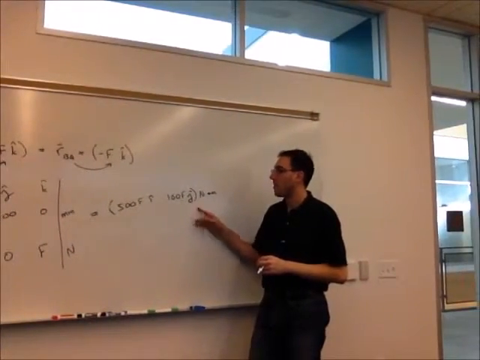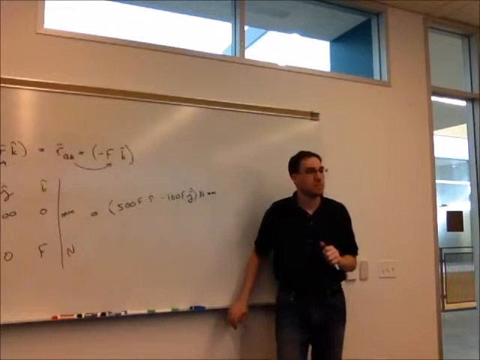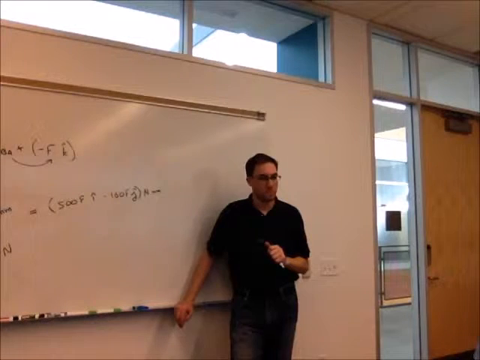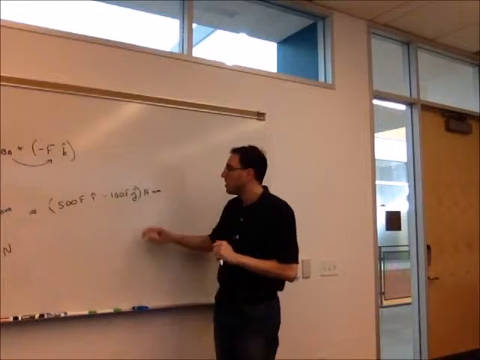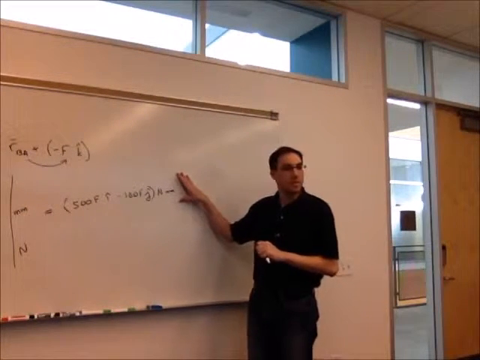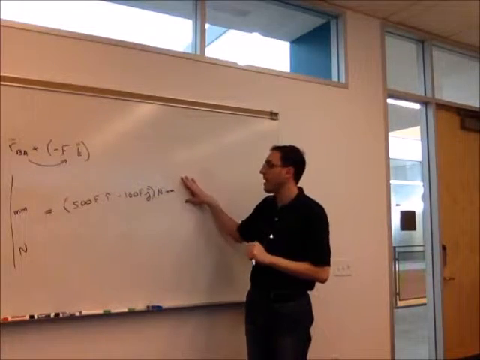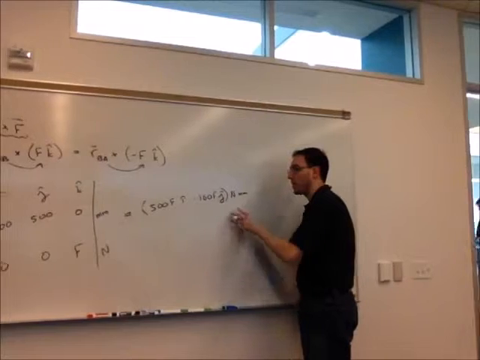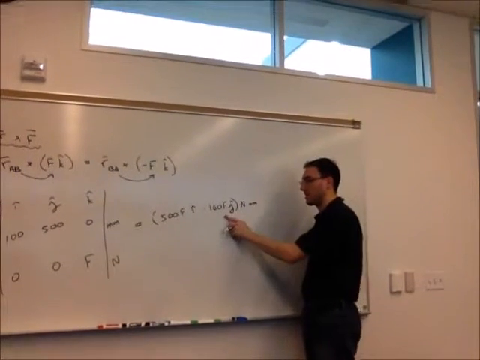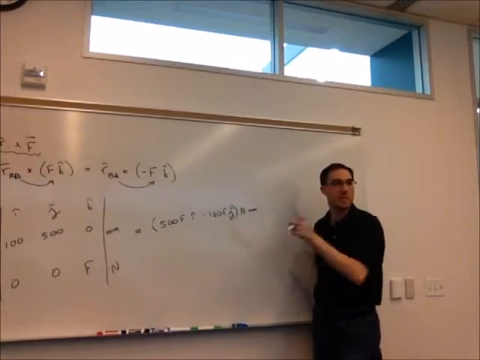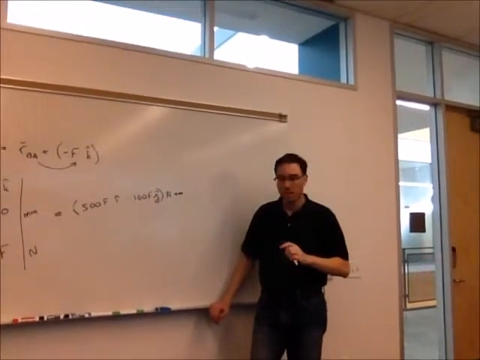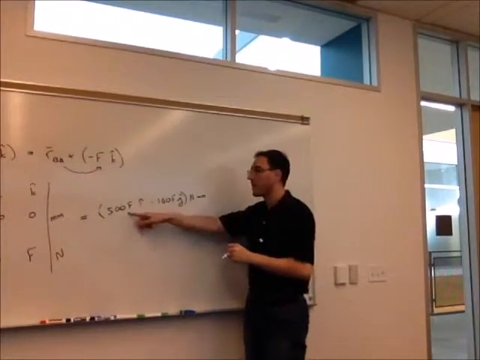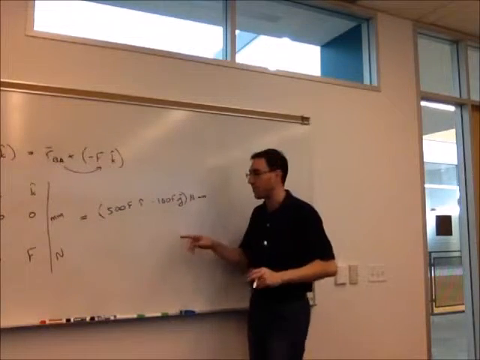So where do we go from this step? Well, we know that our goal is for the magnitude of the couple to be 50 Newton meters. So there's going to be a step in between. We can't set this equal to 50 because this is a vector and that's a scalar. So we take the norm and set it equal to 50. The magnitude or the norm of this will be 50; this thing itself is not equal to 50.